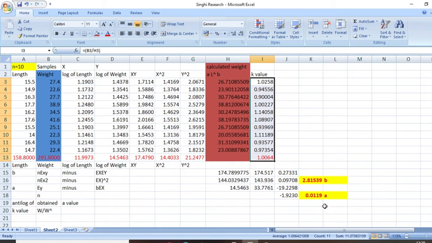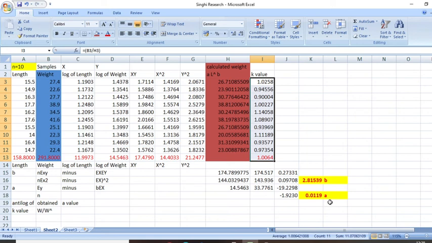If b is equal to 3, the somatic growth is isometric; if b is smaller than 3, it is negative allometry; if it is more than 3, it is positive allometry.